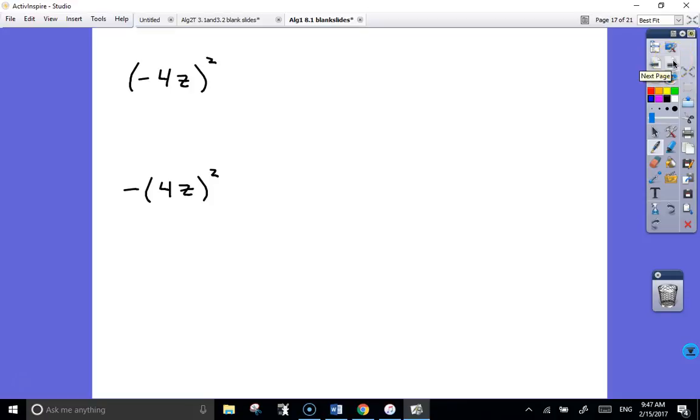Okay, how about these two? What's the difference between these two? Yeah, if you distribute, you have to distribute onto the negative also, or you could just consider it like -4 squared z squared. And what is -4 squared? Positive 16, right? That's a plus. Negative times negative makes plus.